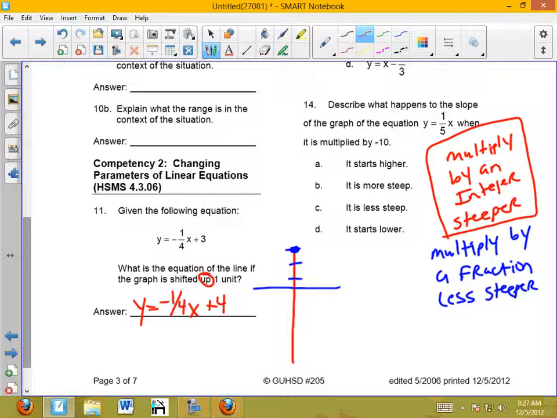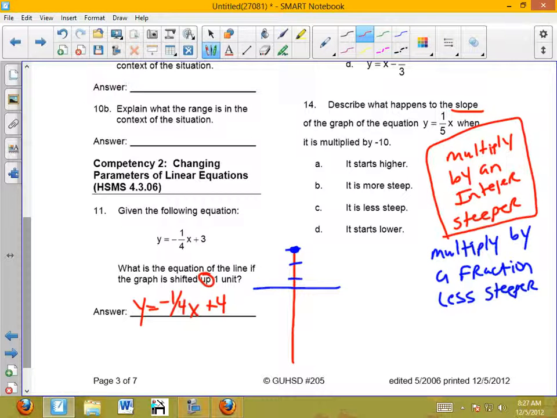So what am I multiplying by? Am I multiplying by a fraction or an integer? That's not a fraction. I know you can make it a fraction, but that's an integer, right? So let's see here. We're talking slope, right? So is it going to start higher?